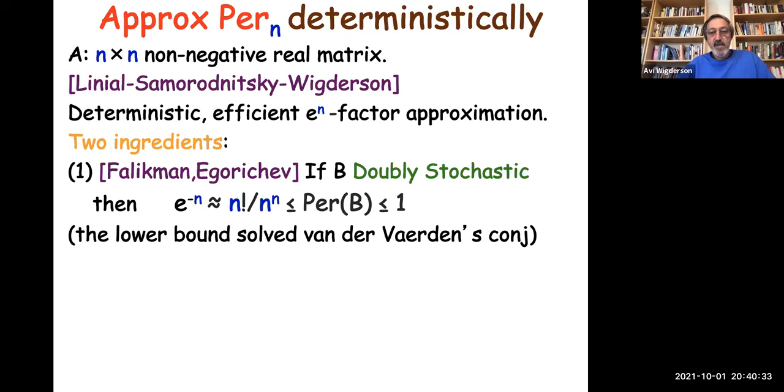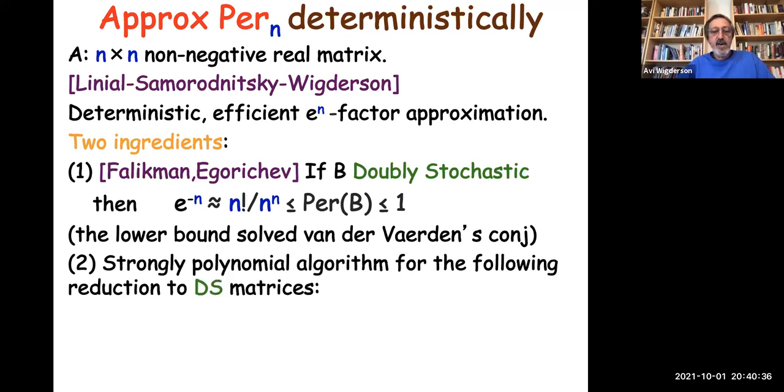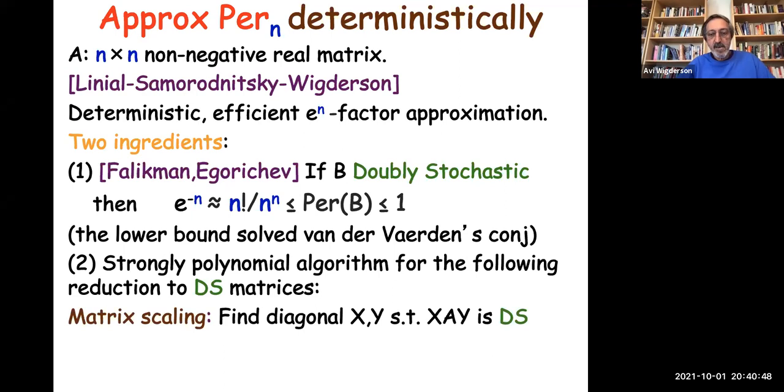But if it's not doubly stochastic, there comes a new algorithm, at least a strongly polynomial algorithm, that makes any matrix into a doubly stochastic matrix. What do I mean by makes? Scales it to a doubly stochastic matrix. I mean that you pre- and post-multiply your matrix with diagonal matrices.